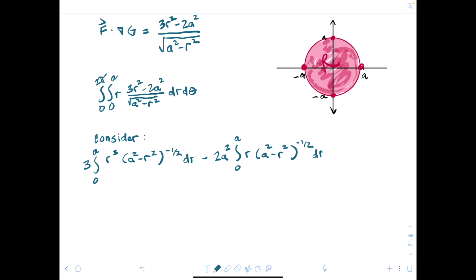So both of these are improper because we're going from 0 to a, and notice that you would get a on that upper limit, you get a vertical asymptote. So this is what we're going to do.